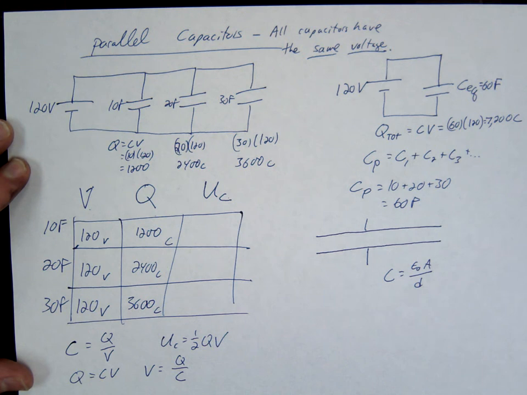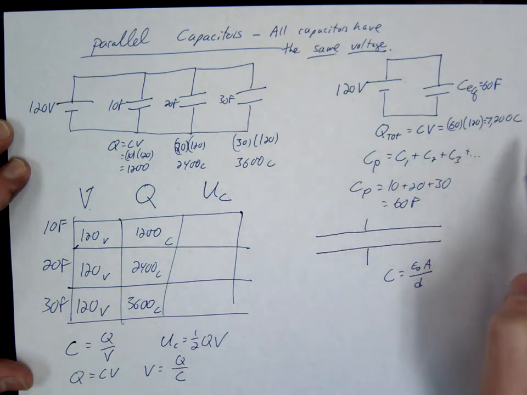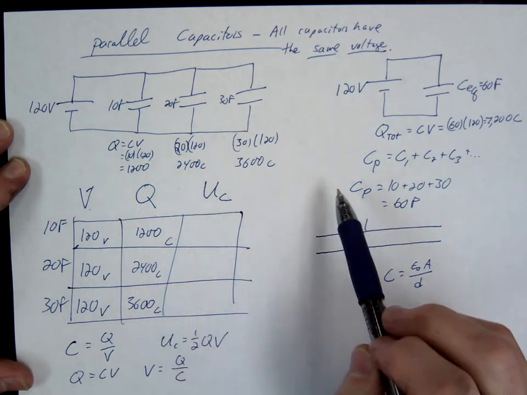Now you can do a mini check on yourself. What's the mini check? They should all add up to your total. So we calculated 7200. They should all add up to the total.